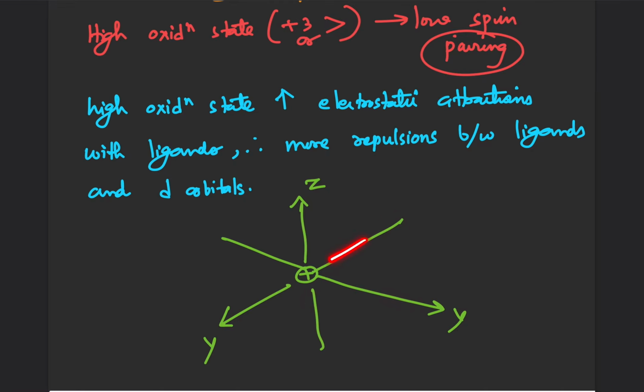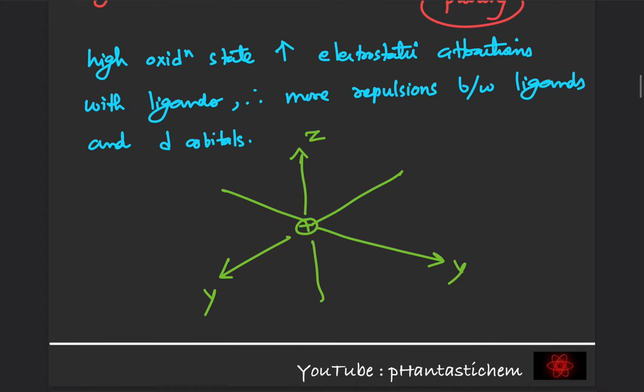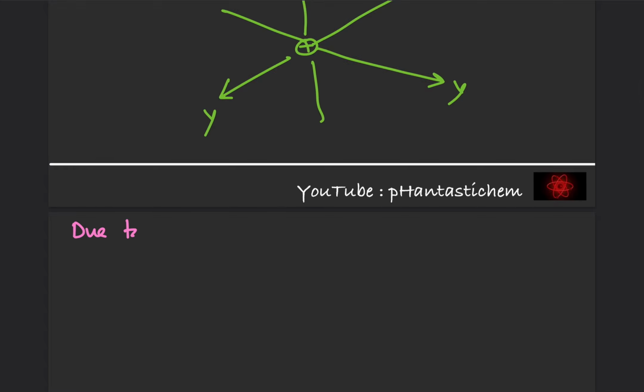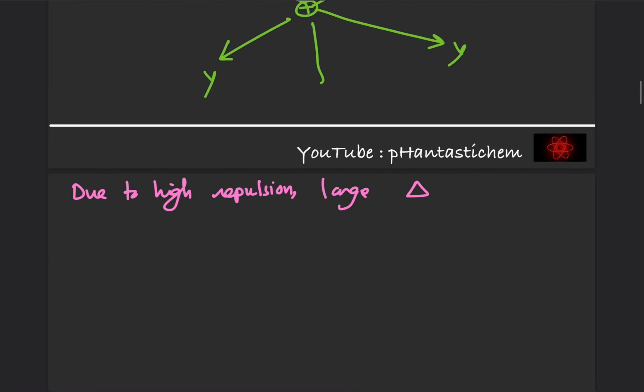Okay, and because of these attractions, the repulsion between them is going to be more. Okay, and because of these repulsions, it results in a larger crystal field splitting energy, very important. Okay, due to high repulsions, there is a large crystal field splitting energy.